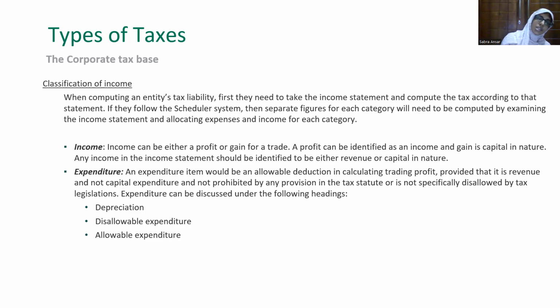As you can see, there is a classification in income to identify how the taxation happens and how much the computed amount is, and the expenditure is also classified in order to understand which is allowable for taxation and which is not.